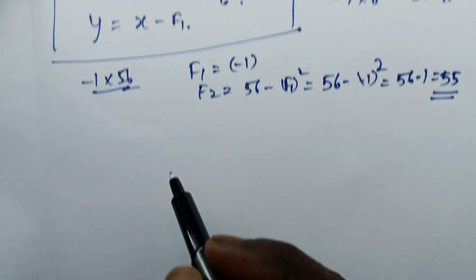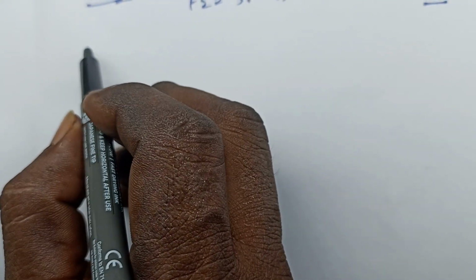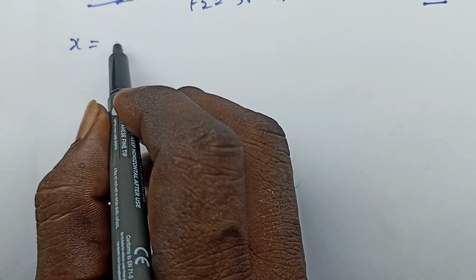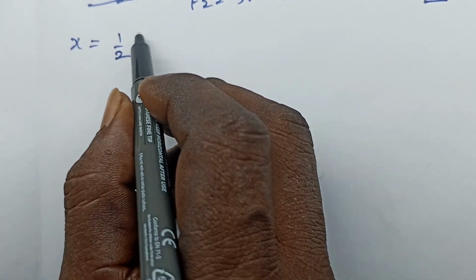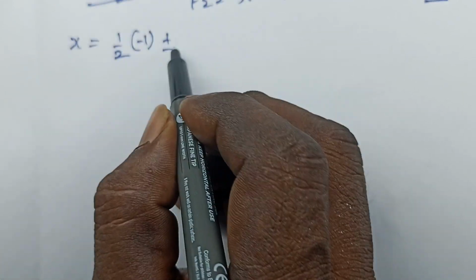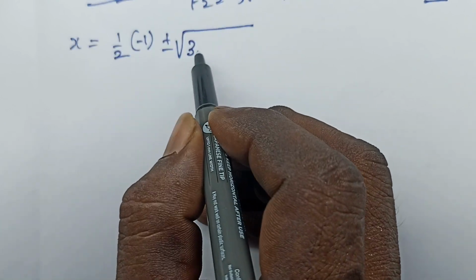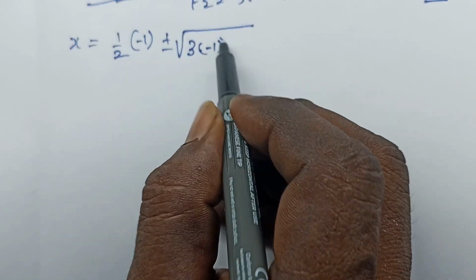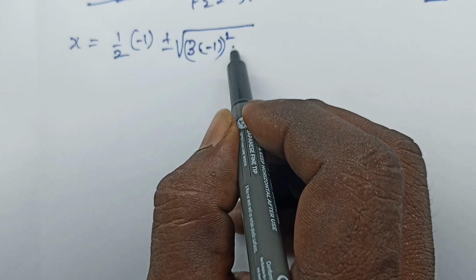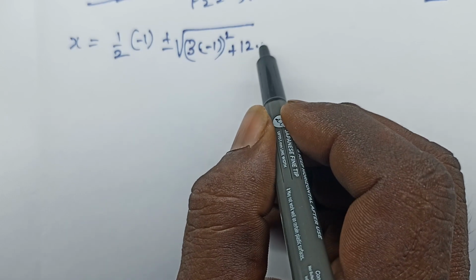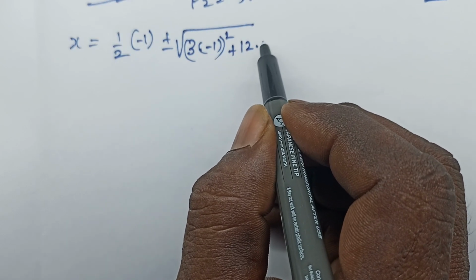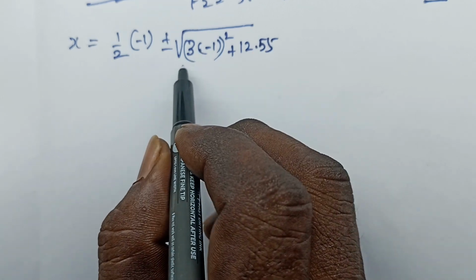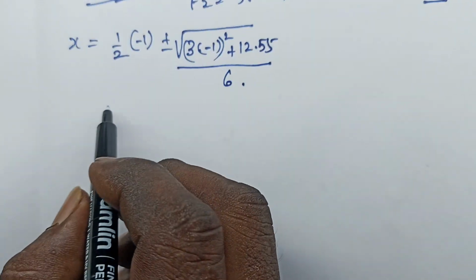Substitute the value. x equal to 1 by 2, minus 1 plus or minus root of 3 into minus 1 whole square plus 12 into f2, 55, by 6.